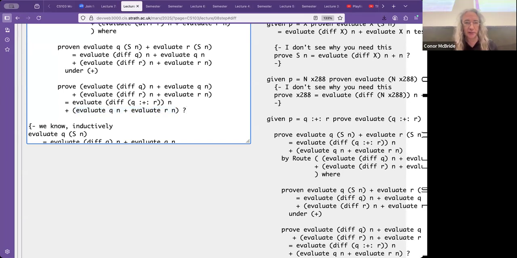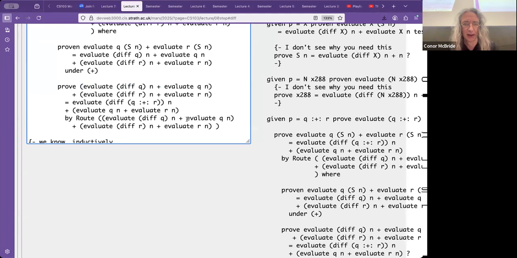So I'm going to do another by root, this time swapping the middle 2 of 4. So I'm going to take this left-hand side, copy it, paste it, and then mangle it.